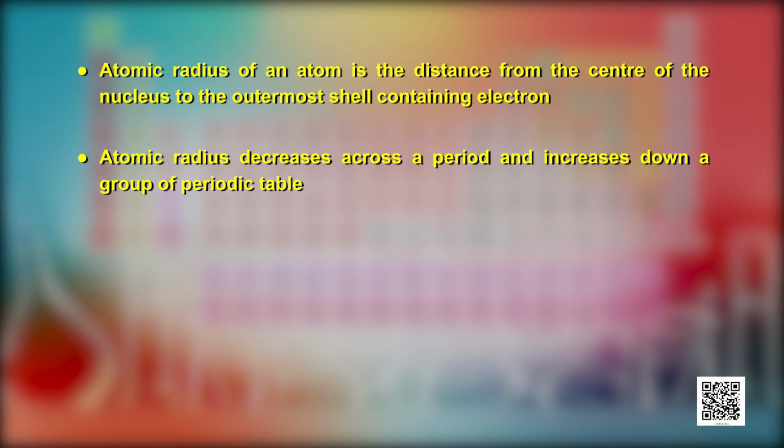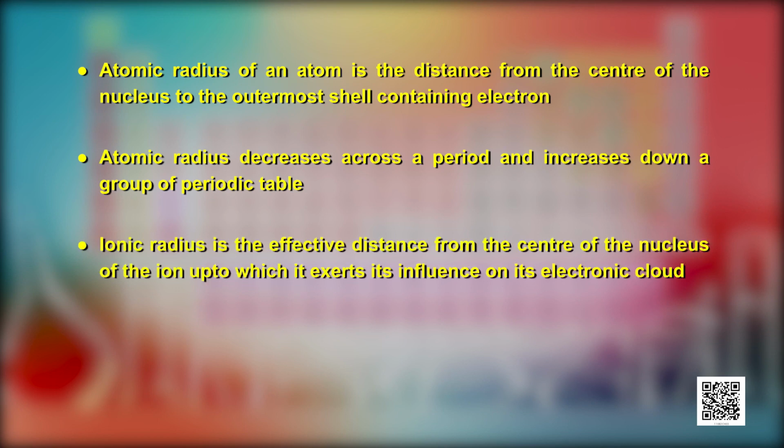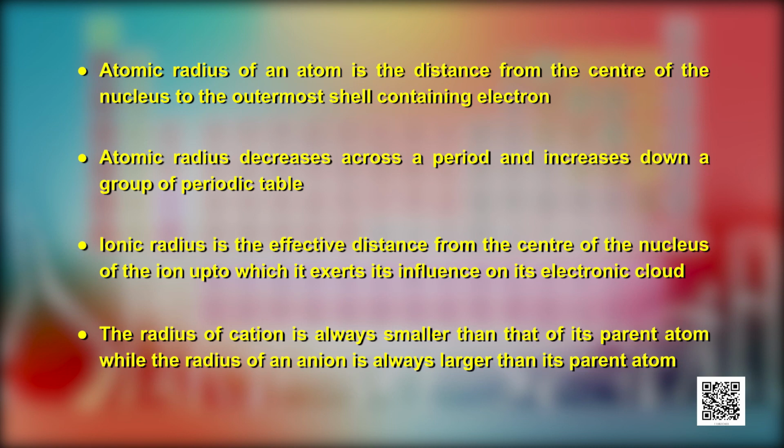Atomic radius decreases across a period and increases down the group of the periodic table. Ionic radius is the effective distance from the center of the nucleus of the ion up to which it exerts its influence on its electronic cloud. The radius of cation is always smaller than that of its parent atom, while the radius of an anion is always larger than its parent atom.